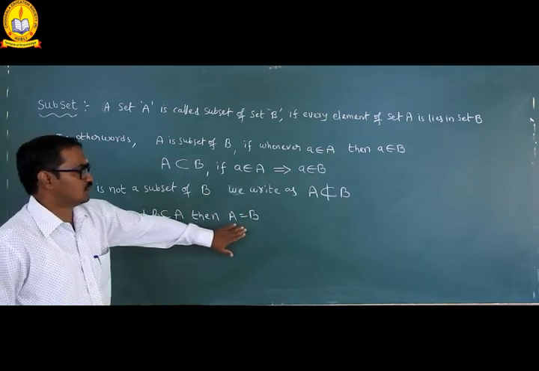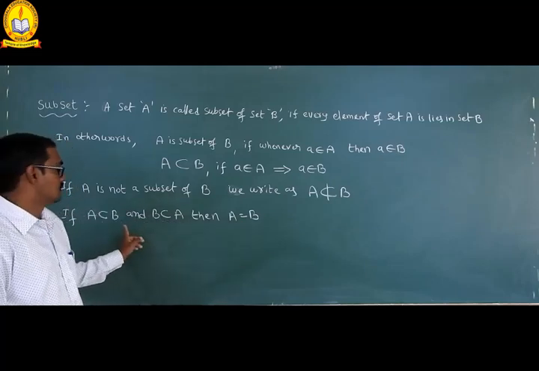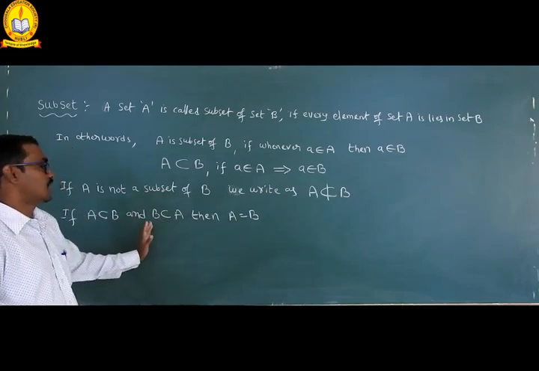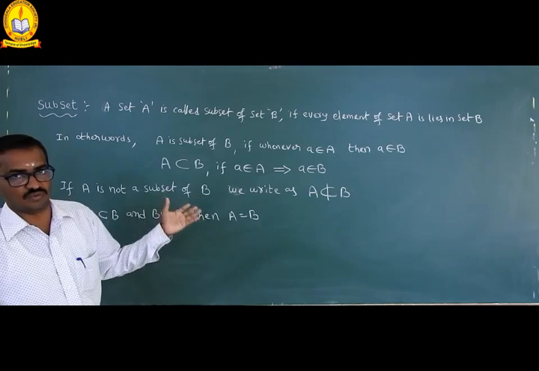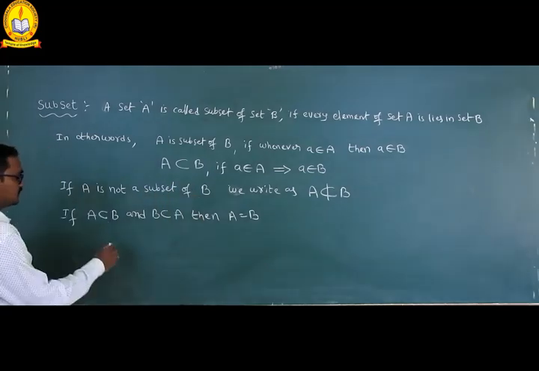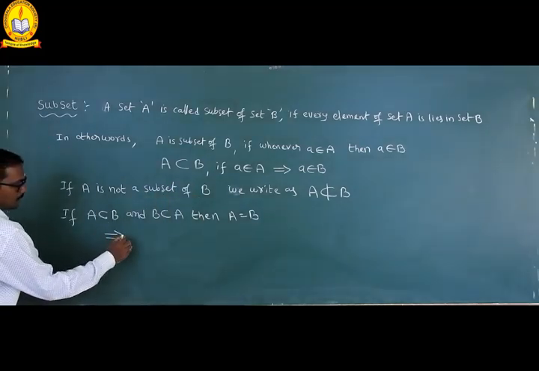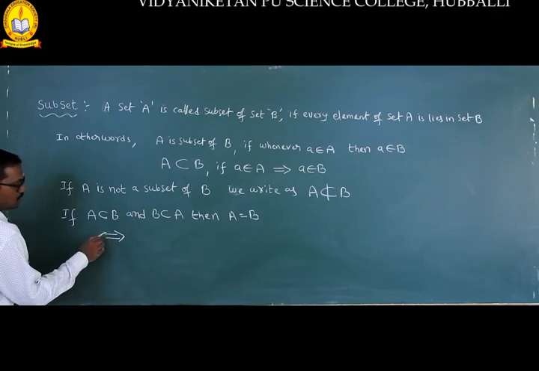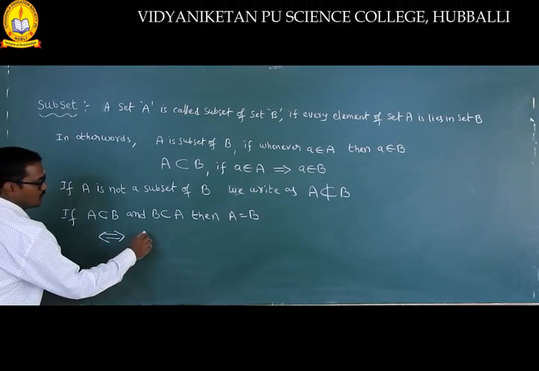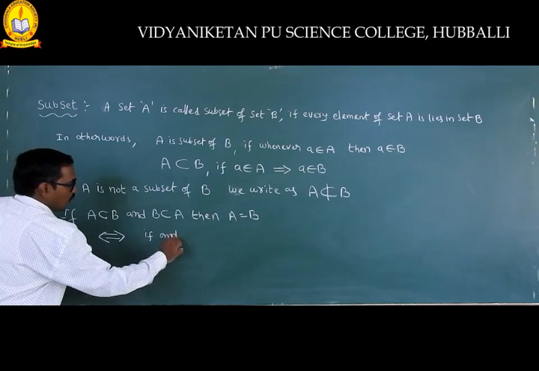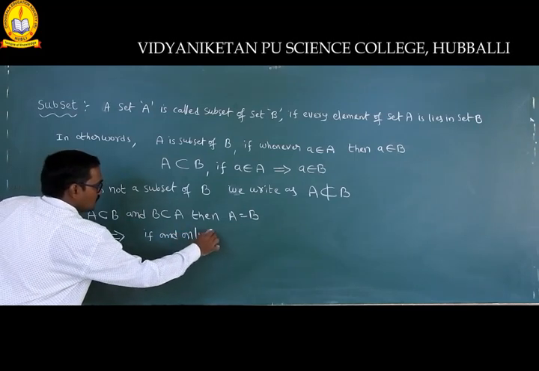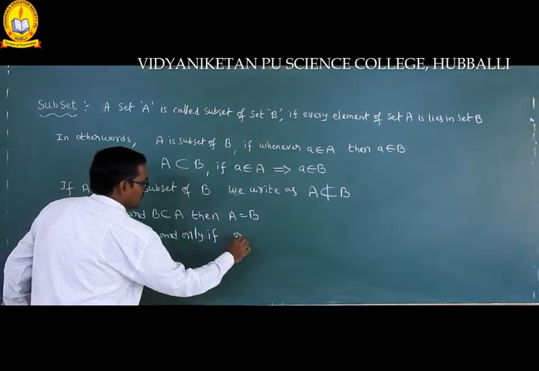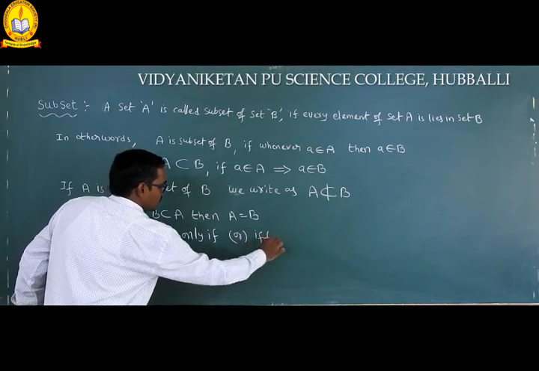For example, A is equal to B given. Then we can say that A is a subset of B and B is a subset of A, if and only if. That is called if and only if. This is the symbol for the words if and only if, or we can also write it as iff.